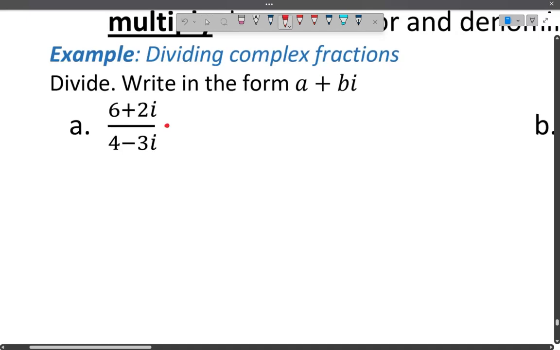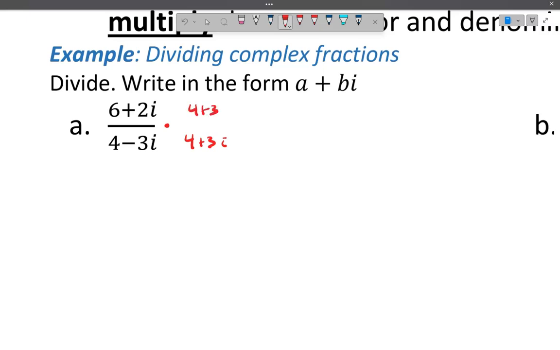So here, our denominator is 4 minus 3i, so we're going to multiply by the conjugate of 4 plus 3i. Now I'm going to do the long way to start and show the full distributive property, and then show how we can use our shortcut for the denominator. The numerator will always be a distributive property. We'll have 24 plus 18i, and then plus 8i, and plus 6i squared.